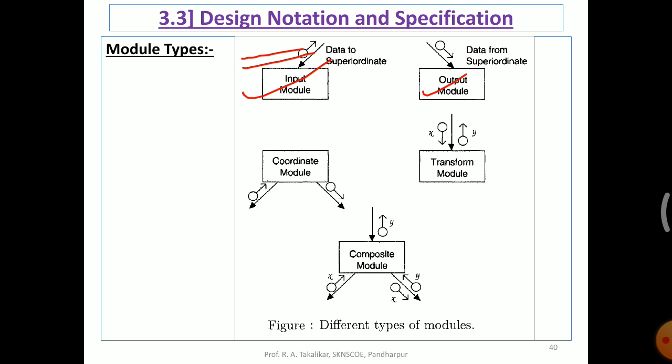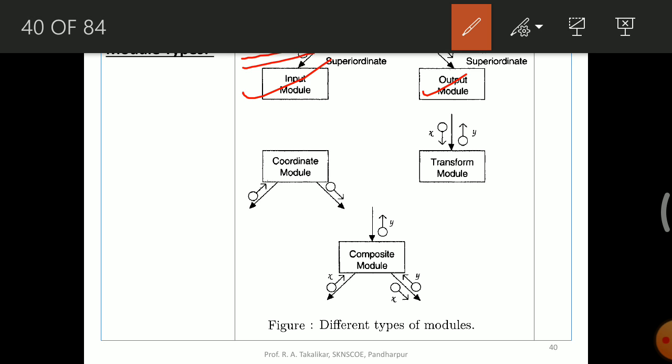The data is received by the output module so that it will be forwarded to its subordinate modules. Whereas the coordinate module just receives the data from one side and sends the data out to the other side.